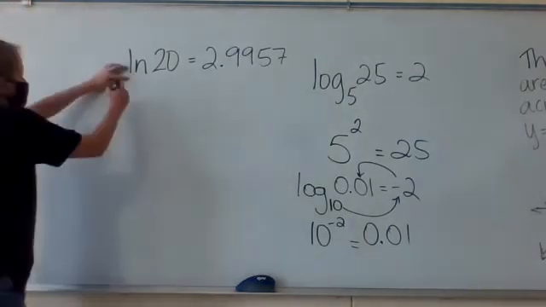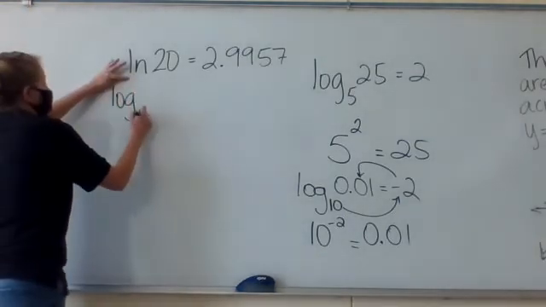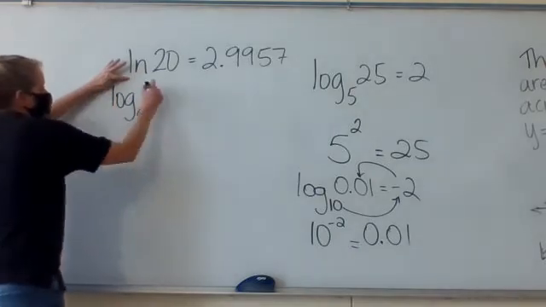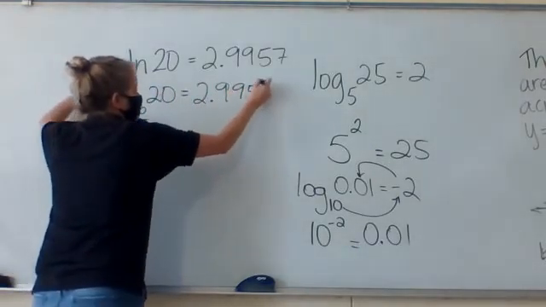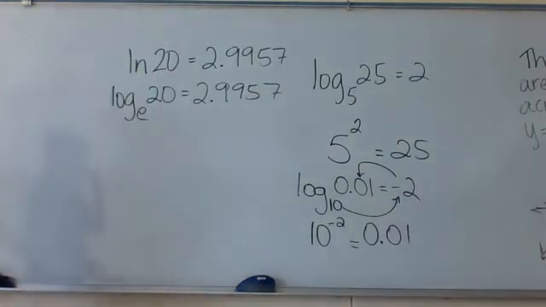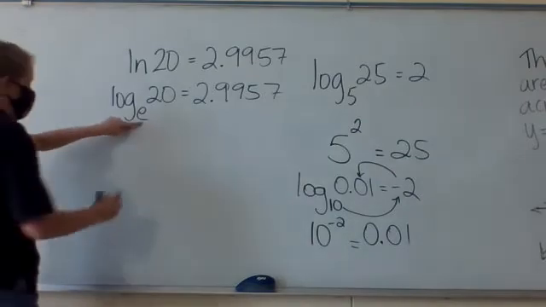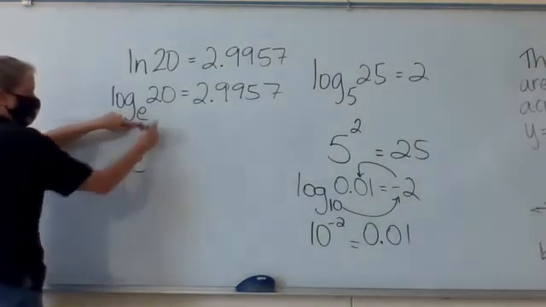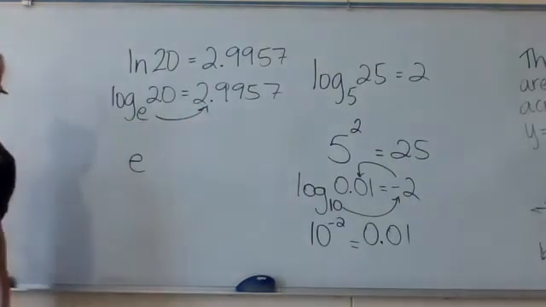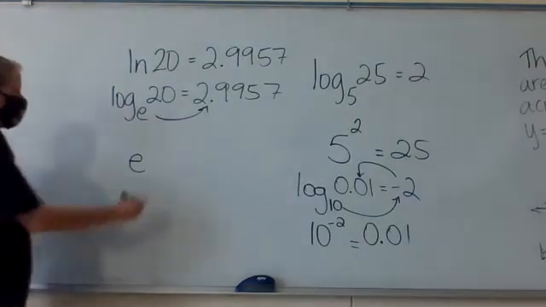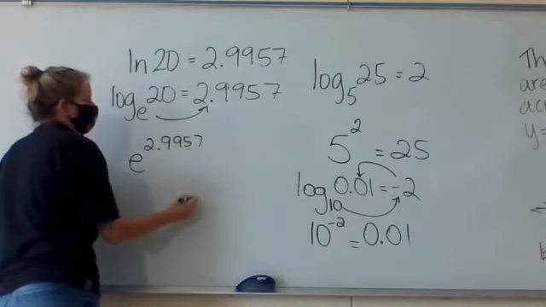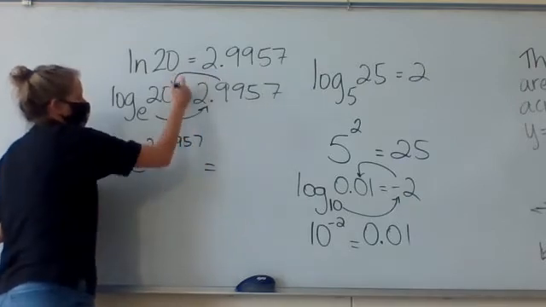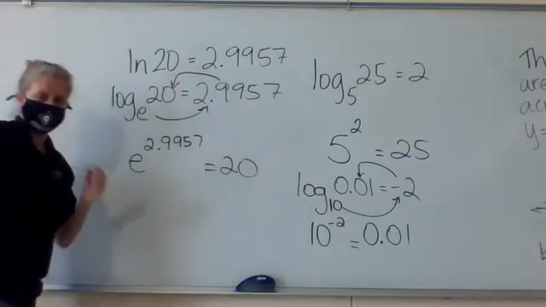That means log base e of 20 equals 2.9957. So if I'm rewriting this as an exponential equation, what is the base? It is e to that exponent, so e to the 2.9957 is equal to what? 20.